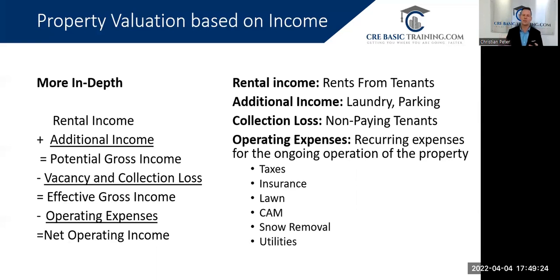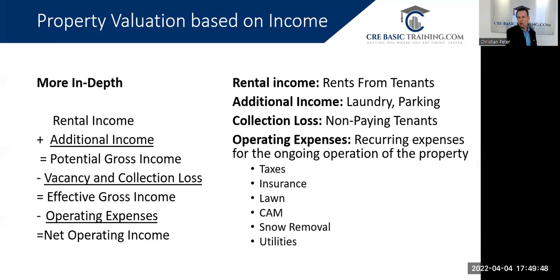So now, operating expenses are the recurring expenses for the ongoing operation of the property. I gave a few examples here: taxes, insurance, lawn maintenance, CAM, which stands for common area maintenance, snow removal, utilities, janitorial.